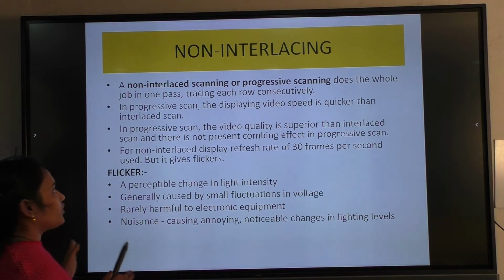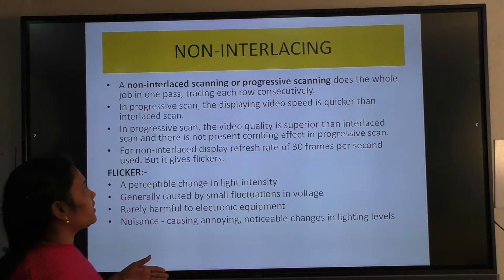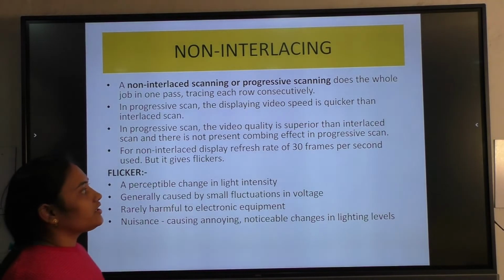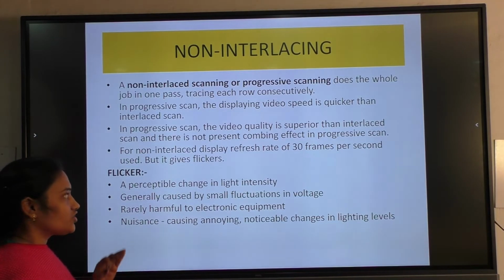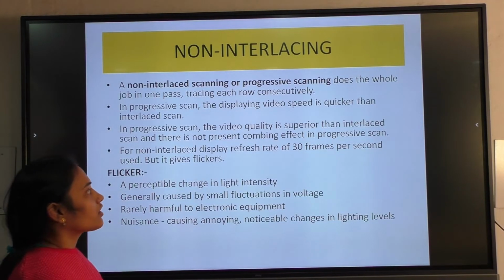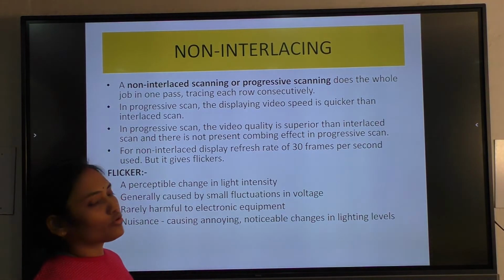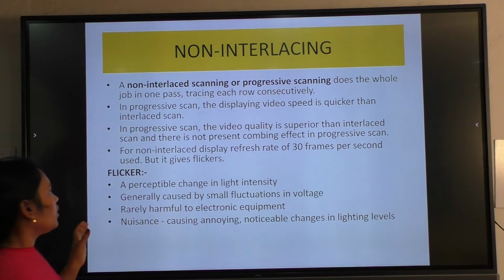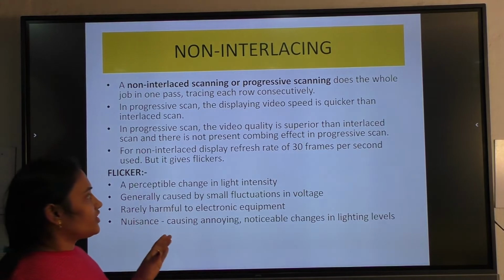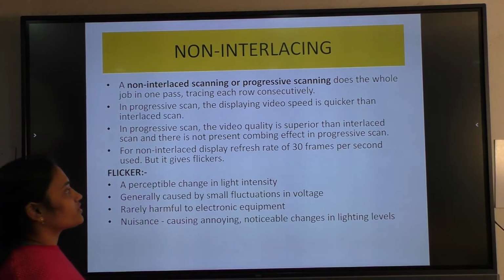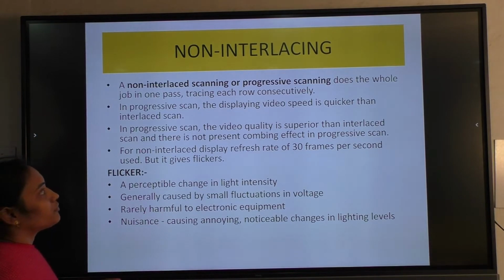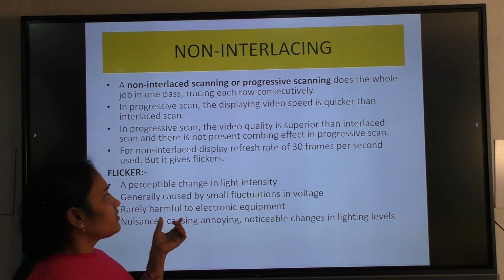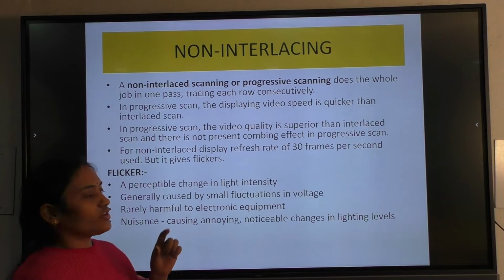In progressive scan, the video quality is superior to interlaced scan, and there is no combing effect in progressive scan. For non-interlaced display, the refresh rate is 30 frames per second, but in interlaced scanning, the refresh rate is 60 frames per second.